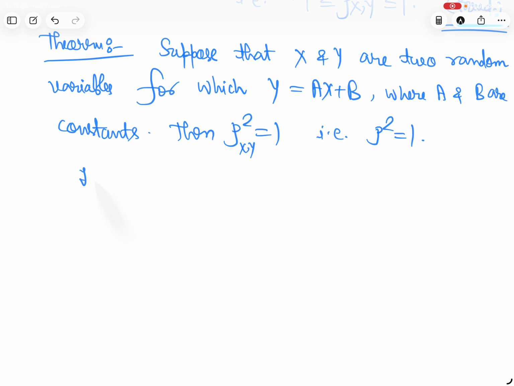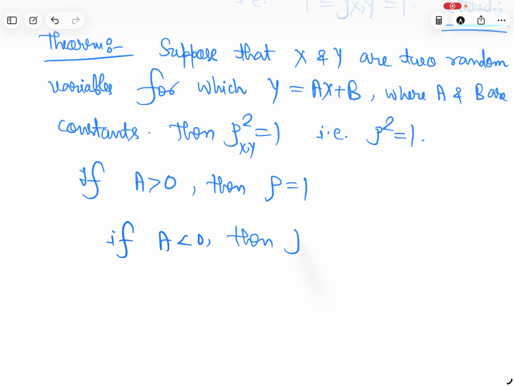If a is greater than 0, then rho is 1. Okay. If a is less than 0, then rho is minus 1. Rho square is 1, but if a is positive, then rho is 1. If a is less than 0, rho is minus 1. Okay.